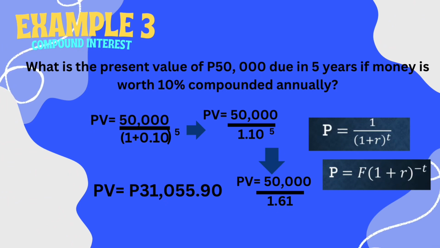Po yung ating initial amount na need natin ihulog para maging 50,000 in the next 5 years na nag-i-increase siya ng 10% interest rate annually.